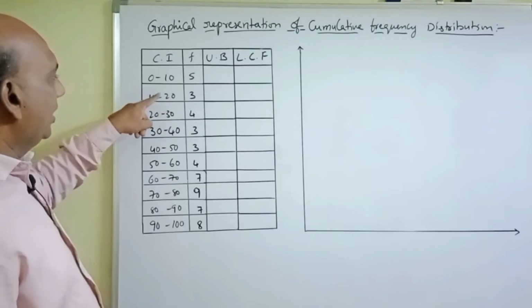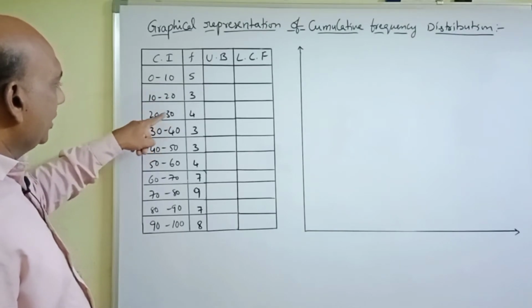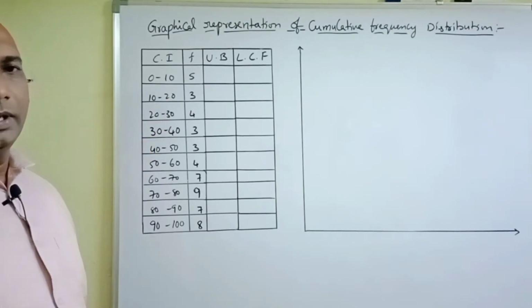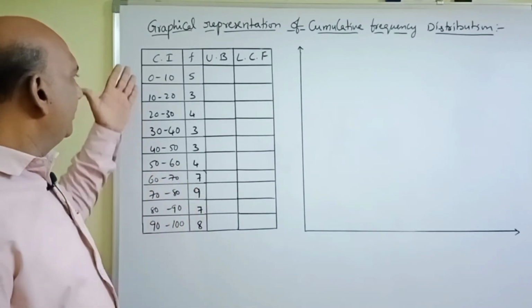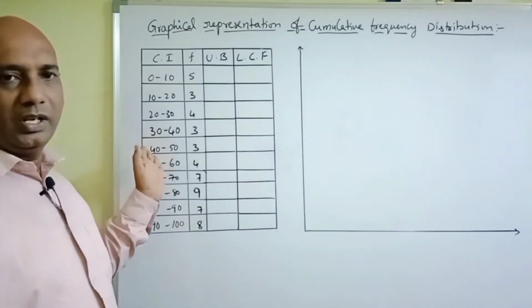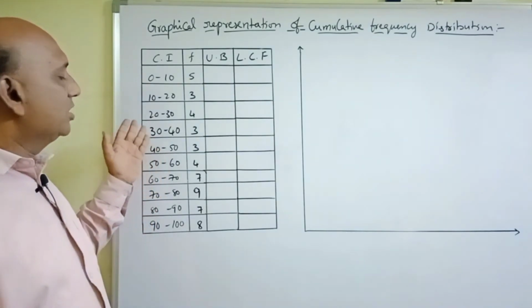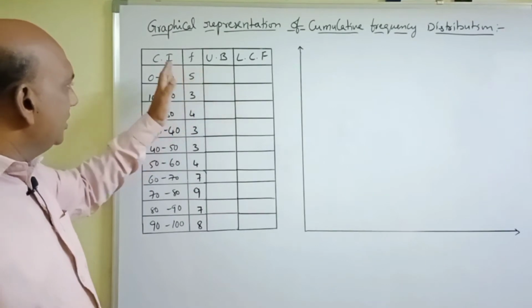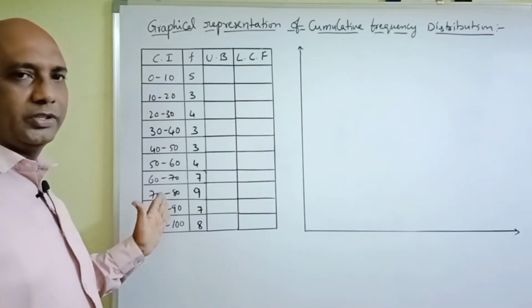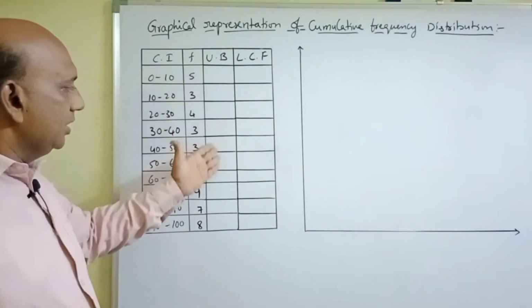So, these two are equal, like that 20 equal to 20, 30 equal to 30, 40 equal to 40. We have to ensure continuous or exclusive classes. And upper boundaries means the right side values. Take these boundaries in this column.